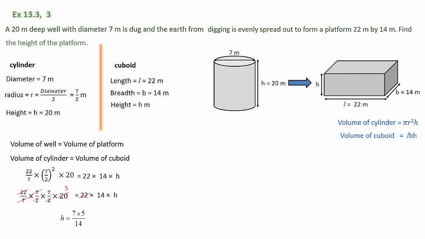That is, h is equal to 7 into 5 divided by 14, because 14 was multiplication on the right and goes to the left as division. So 7 into 5 by 14. Here 7 and 14 we can cancel 2 times, so 5 by 2 will come. 5 by 2 is 2.5 meter. So we have got the answer. The height of the platform is 2.5 meter.